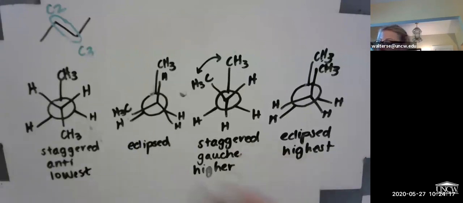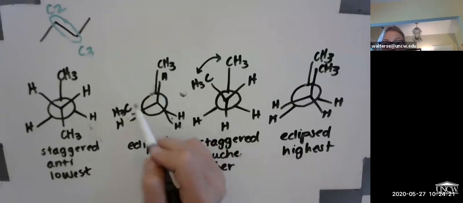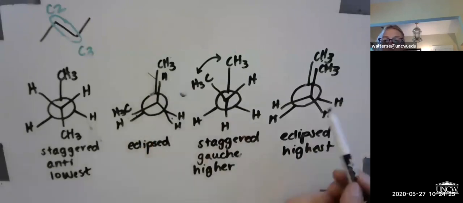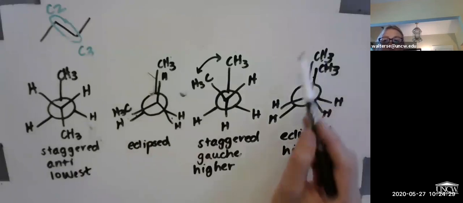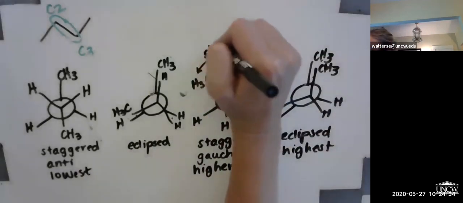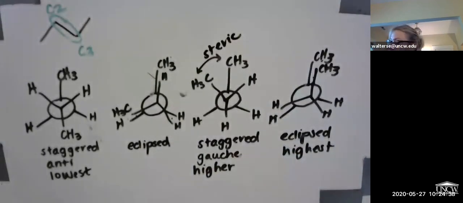Okay. So torsional strain, torsional strain, torsional strain, steric and steric. Over here, torsional, torsional, torsional, and a whole lot of steric strain. You would have steric strain here. This is the only time where in staggered conformations you can get steric strain, but it's given that weird word, gauche.